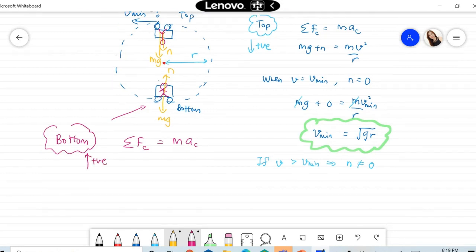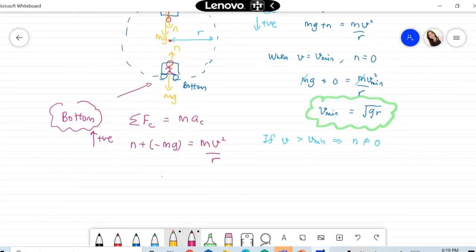There are two forces, which are N and mg. So I assume up as positive, down as negative. Adding together, I will get N plus negative mg is equal to mac. So ac means v squared over r. So from here, you will get the normal force is equal to mv squared over r plus mg.